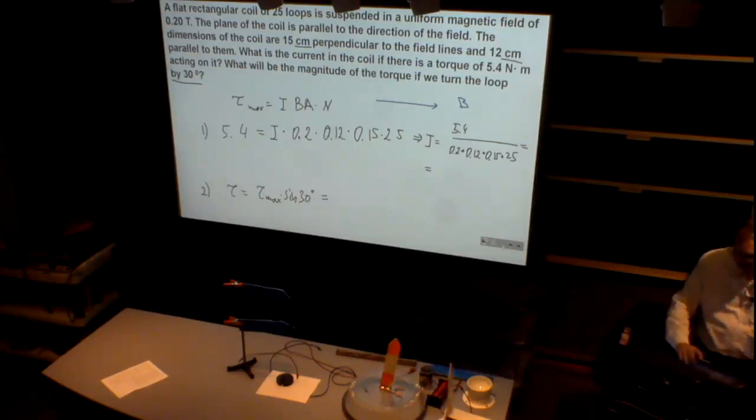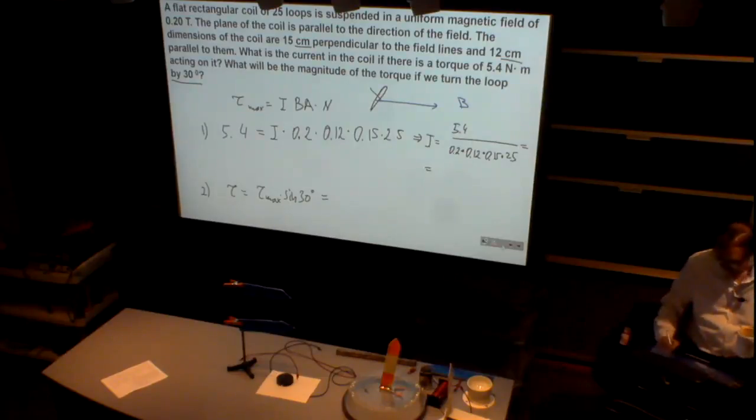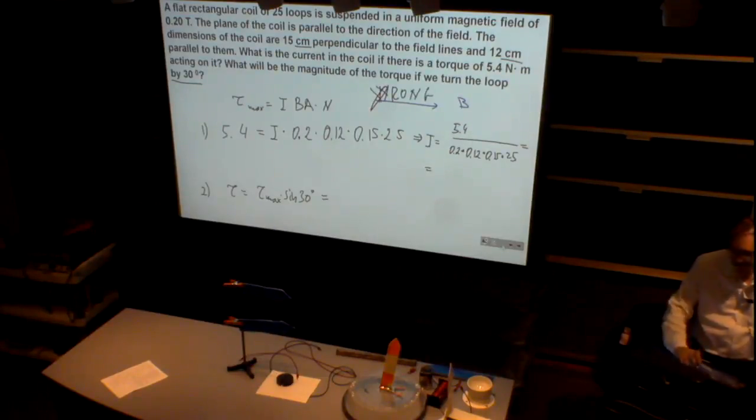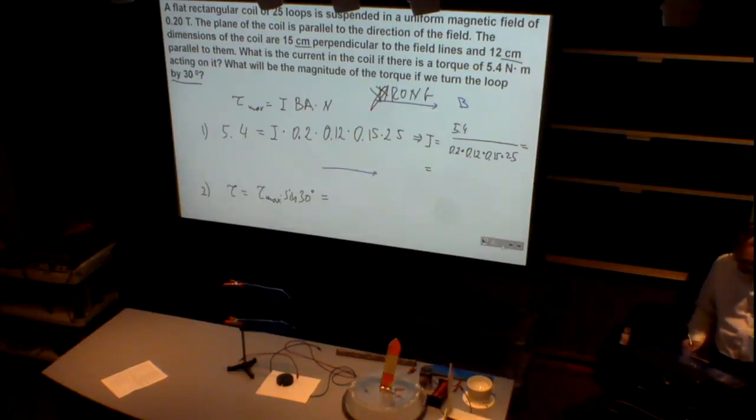But that loop has to be initially parallel to the magnetic field. Would this be parallel to the magnetic field? No. So how do we draw it? If my direction is horizontal, parallel means horizontal again. Something like this.